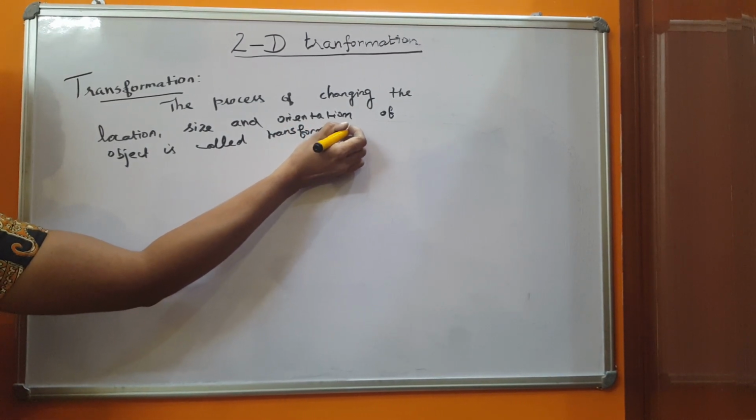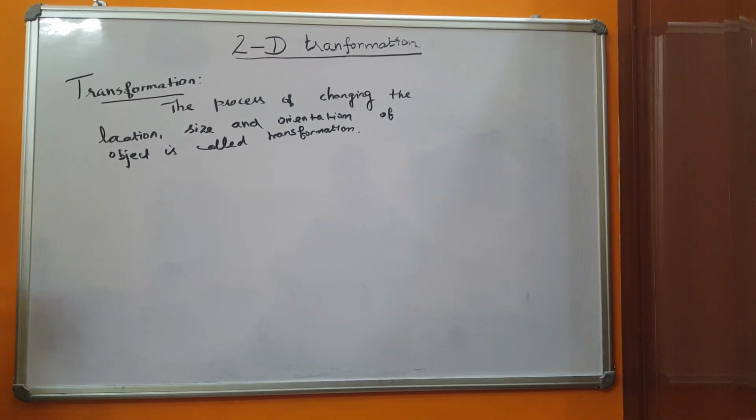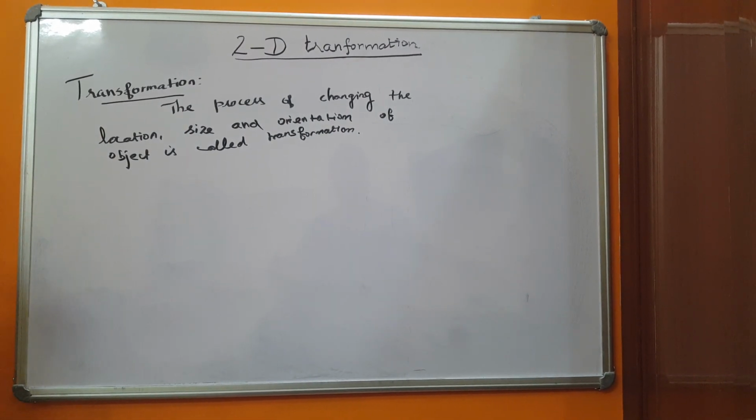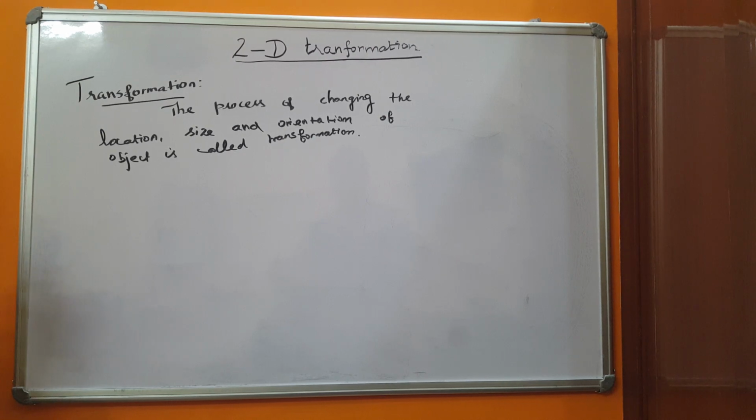So transformation means changing the object from one location to another location, or increasing or decreasing the size of the object, or changing the orientation of the object. It is called a transformation.